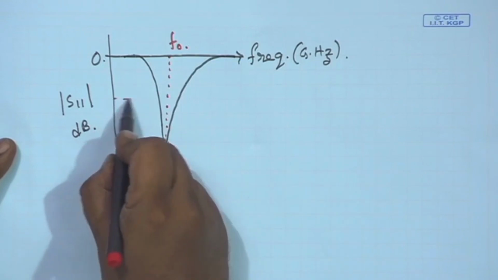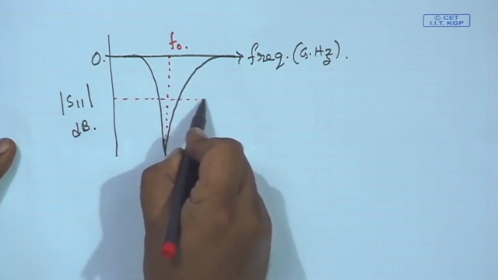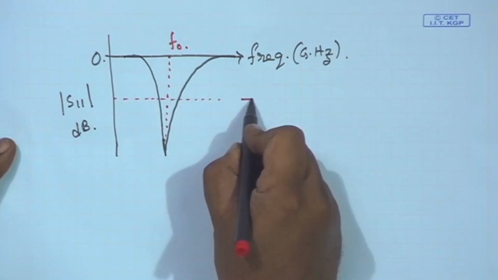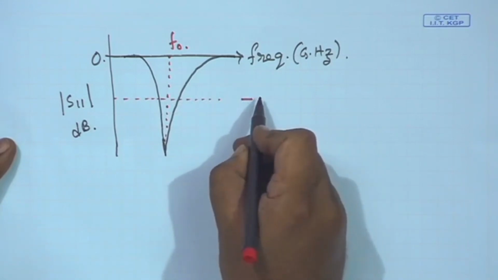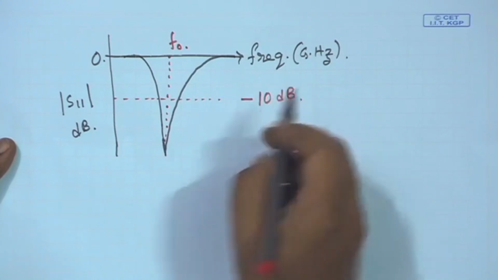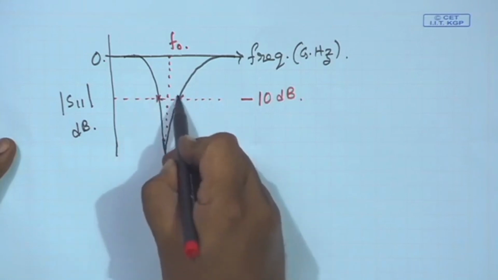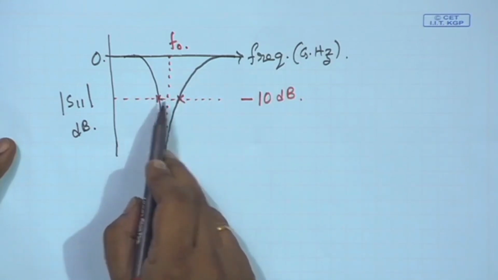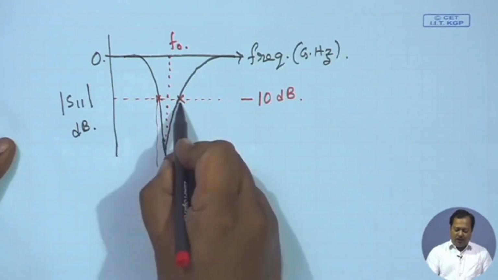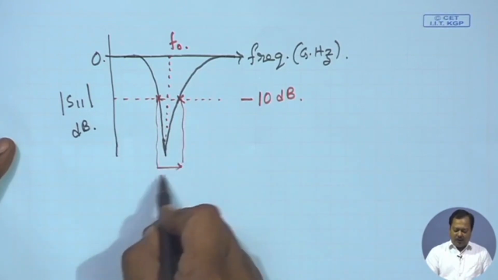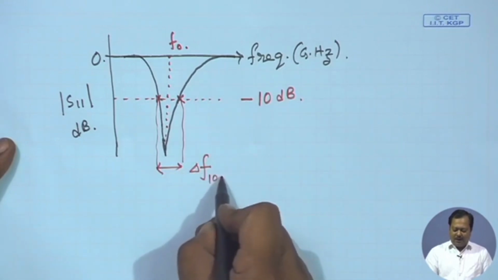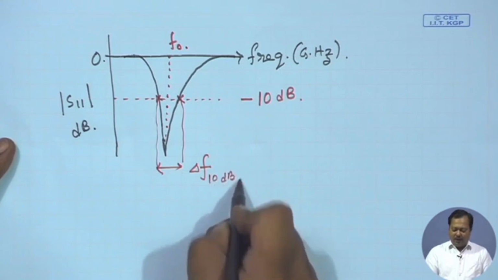Now, we can define the impedance bandwidth in many ways. In some definitions, mostly for handheld devices and small antennas, we consider the 10 dB matching point. So, we see where the value of S11 is minus 10 dB, and the corresponding bandwidth delta f we sometimes call the 10 dB bandwidth.